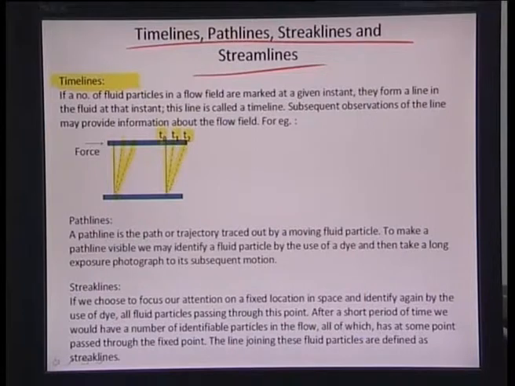What they are typically is that if a number of fluid particles in a flow field are marked at a given instant of time, let us say at a certain point in space, and they form a certain line, it can be a straight line, this line is known as a timeline. And the variation of this line would provide information about the flow field.